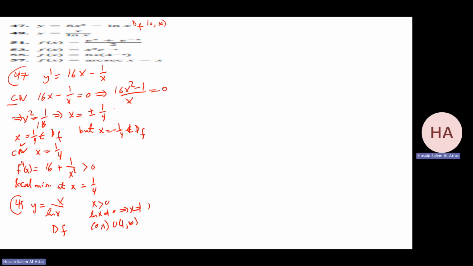Okay. We'll find f prime, and I will give you the answer. It will be the derivative of the numerator, ln x, minus x times 1 over x, which is ln x minus 1, over (ln x) squared.